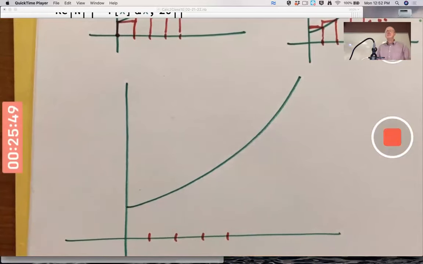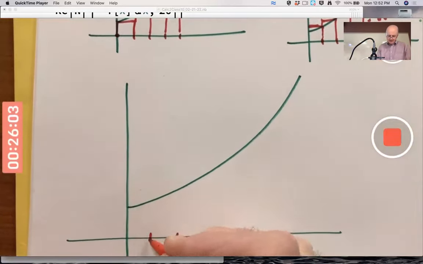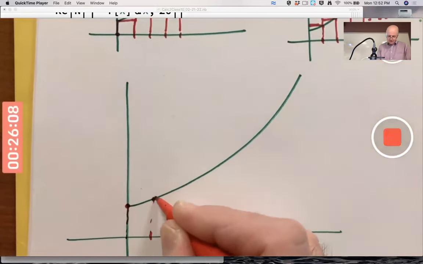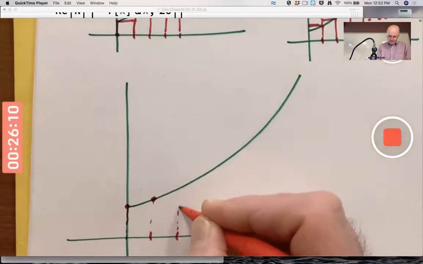That can be interpreted in terms of areas of trapezoids. What are trapezoids? Well, one way to make a trapezoid is it's a rectangle with the top of it slanted. That's an example of a trapezoid. And that's the kind we get here. And how do we get them? For each endpoint, draw a dot on the curve.